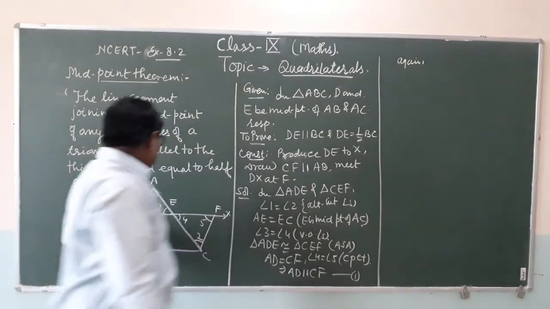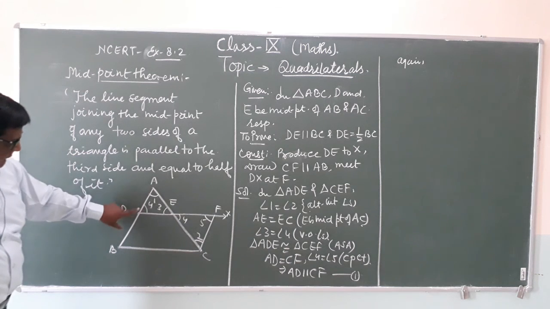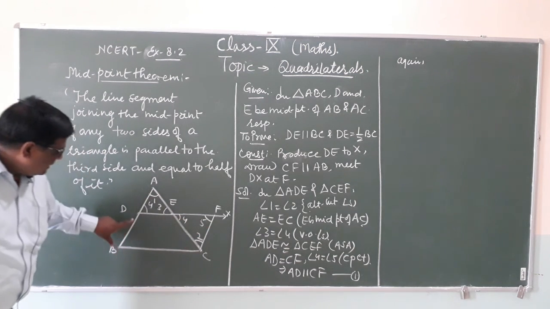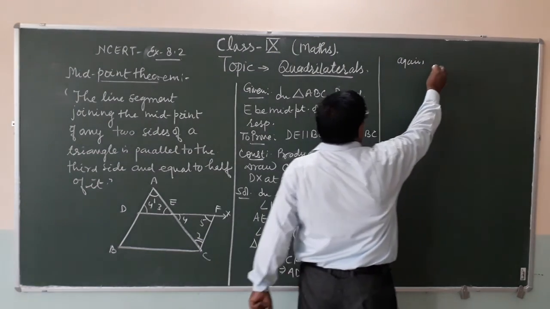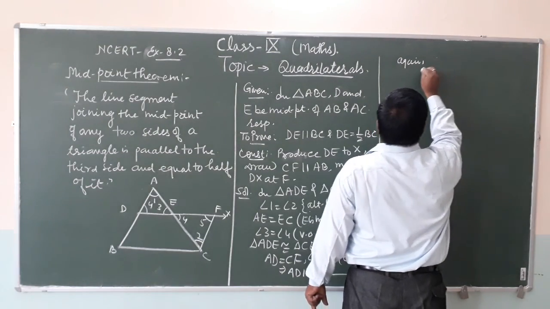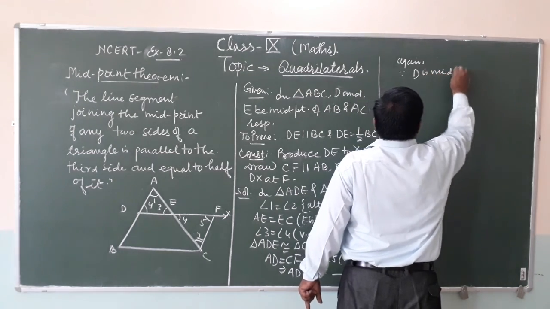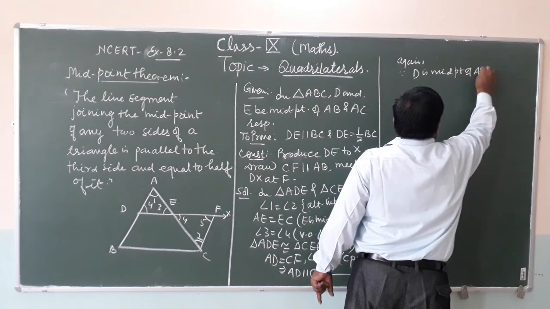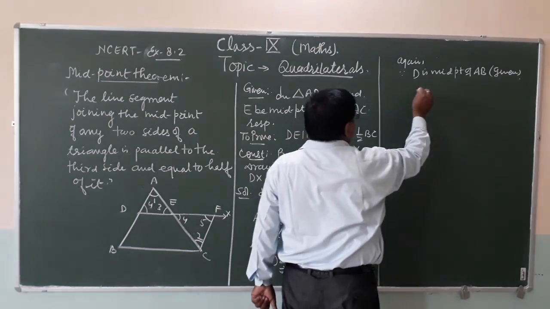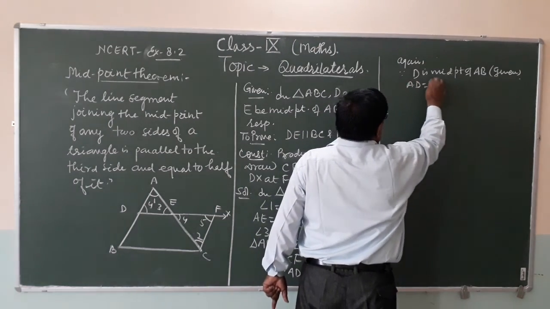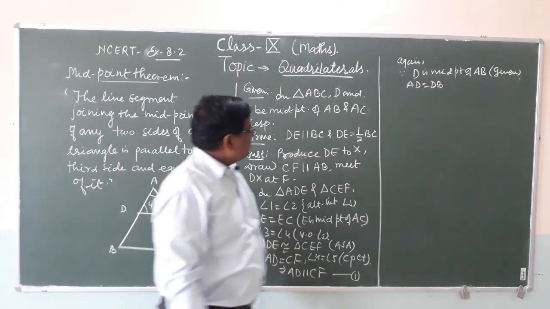Look here: AD is equal to CF and D is the midpoint of AB, which is given, therefore AD is equal to DB.